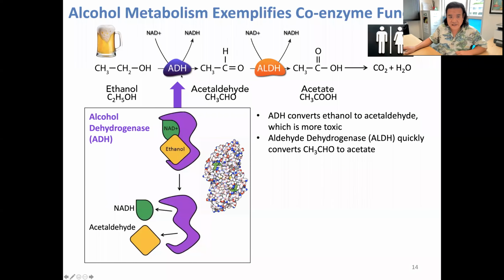The first enzyme is this ADH, or alcohol dehydrogenase. So here it is, here's the shape of it. But look at this cartoon. This alcohol dehydrogenase is the right shape to bind the ethanol and one of these NAD+ coenzymes at the same time.